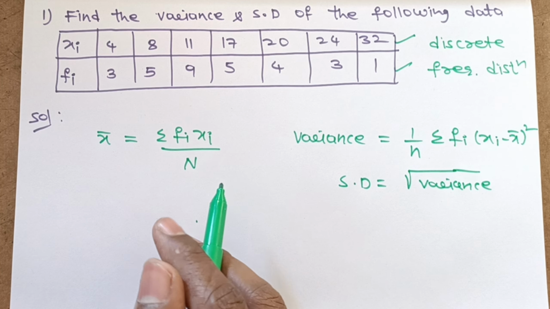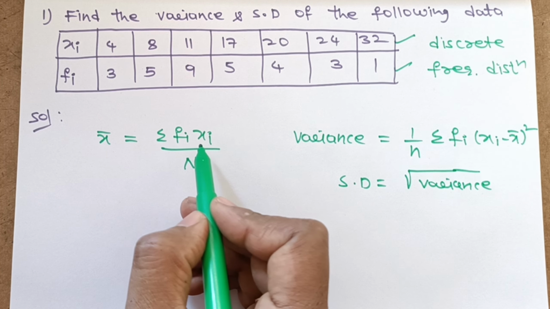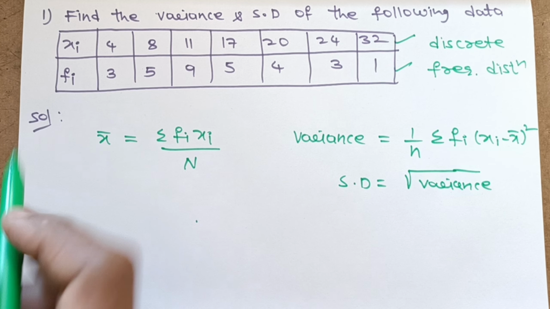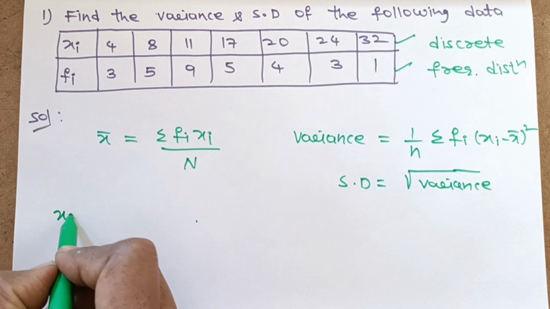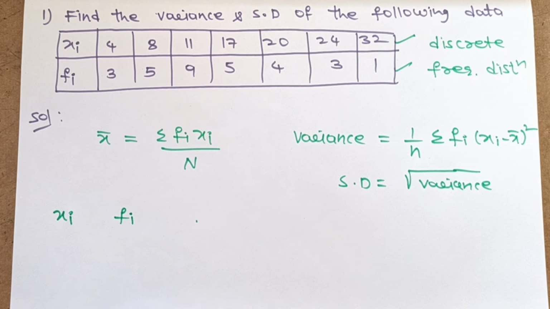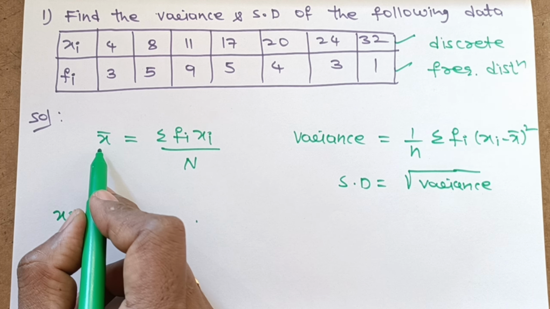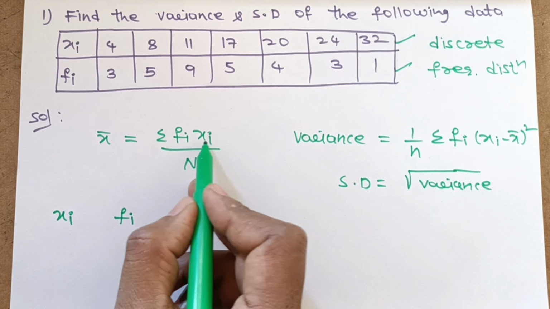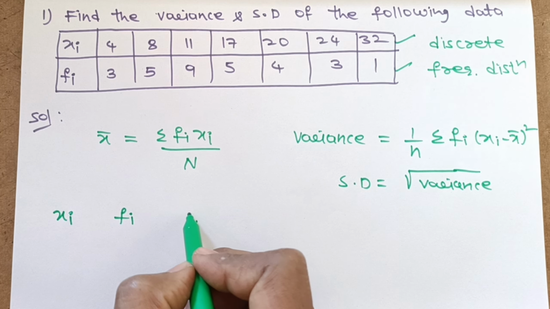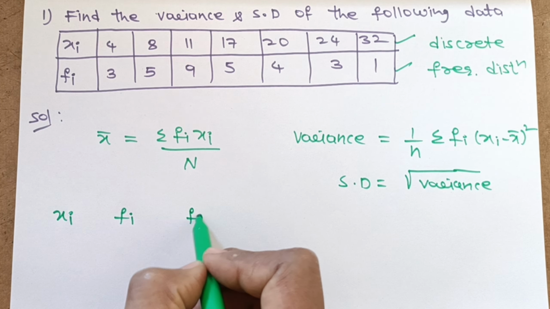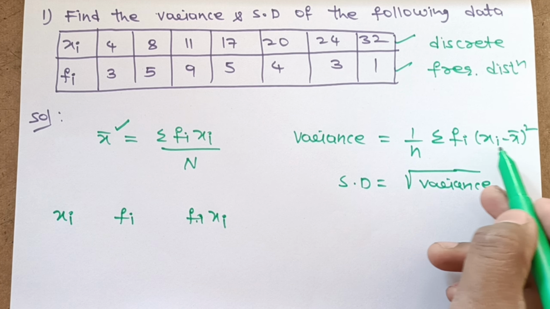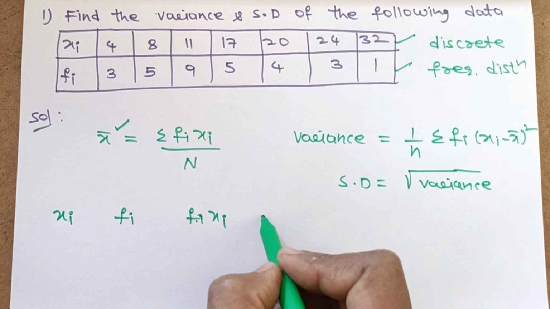So first we have to construct the table. First we write the observations and frequencies, xi values, next fi values. For finding the mean, we find fi and xi values, so multiplying fi and xi. After that you can find the mean. Next we write xi minus x bar values.